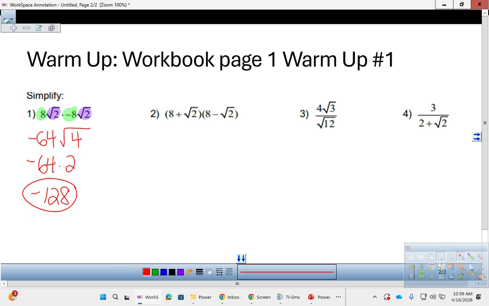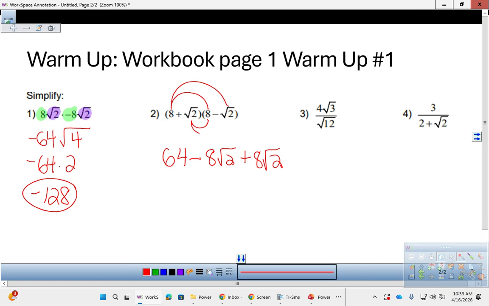So if I were to do this one using the FOILing method, I would do 8 times 8, which is 64. 8 times negative root 2 is negative 8 root 2. A positive and a negative makes a negative. Then 2 and 8 are both positive, so positive 8 root 2.